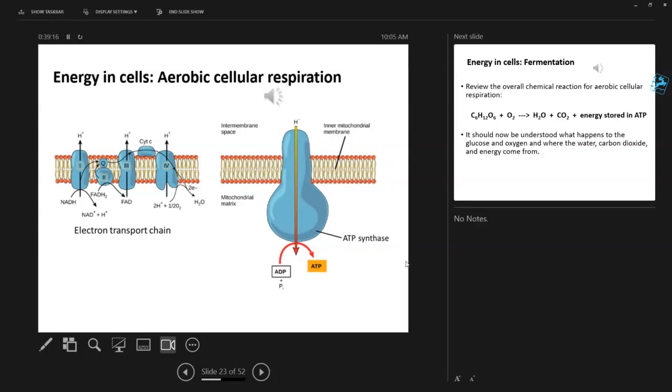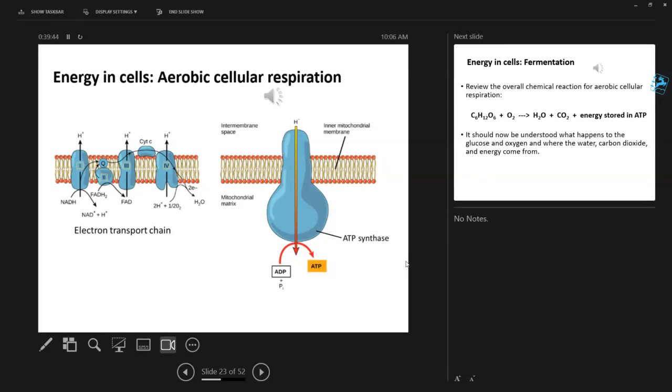These protein molecules are like pumps, and they use the energy from NADH and FADH2 to pump H+ ions, positive hydrogen ions. They pump it from in here, in the inside part of the mitochondrion, through this inner membrane into the intermembrane space between the inner and outer.